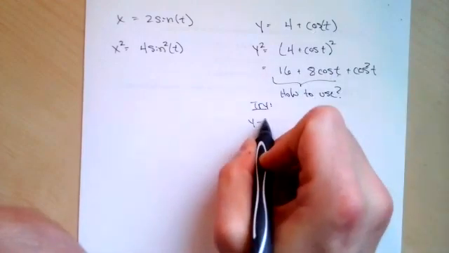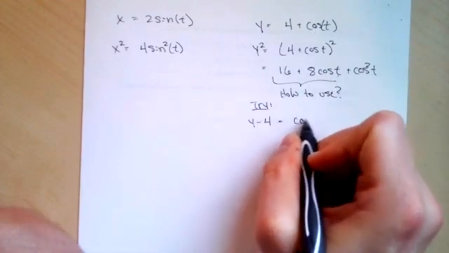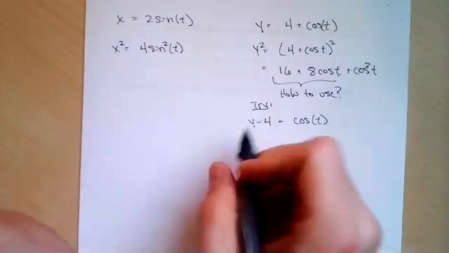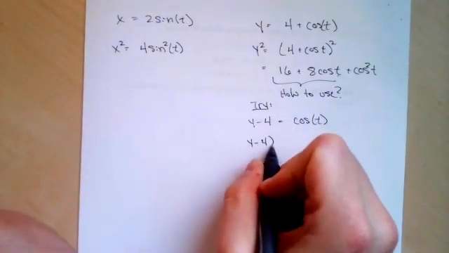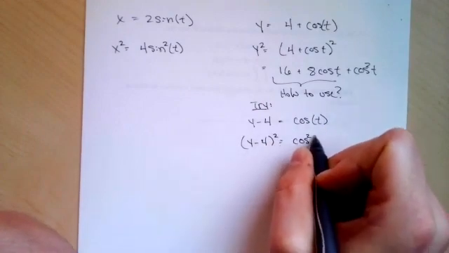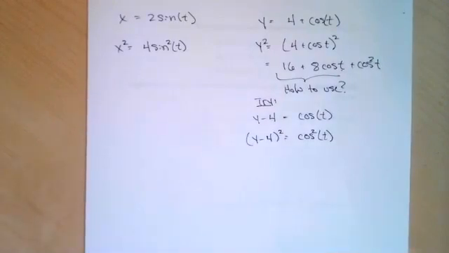The other thing we could try, since we want just a cosine squared for our identity, we can say, well, y minus 4 is equal to cosine t. And so y minus 4 squared gives us our cosine squared. And now this is a little bit nicer, right?